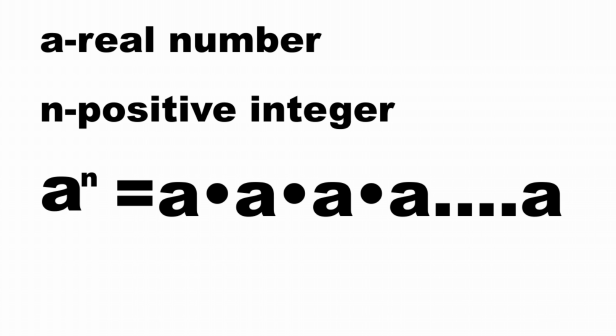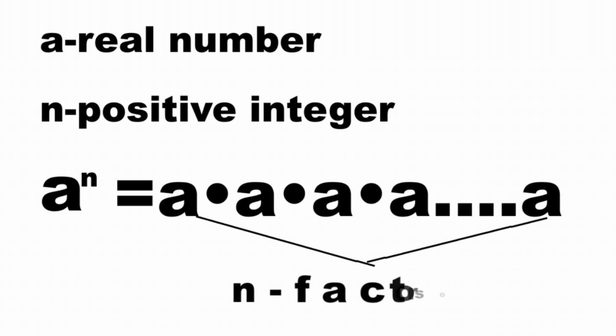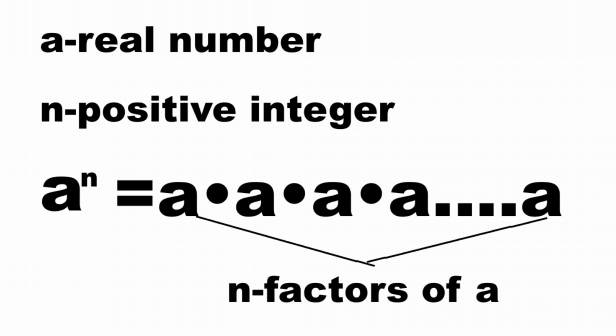The exponent of a number shows how many times to use the number in a multiplication, as factors of a. A is the base. n is the exponent or power.